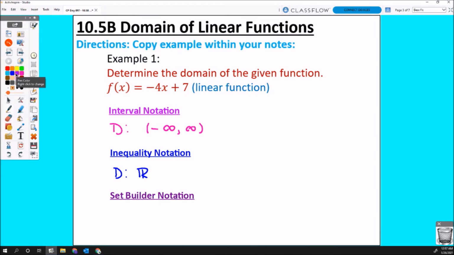So when we're working with domain, we use the symbol x for the x values, then a vertical line stating that x is all real numbers. That's the only thing I could write, and then I'll just close it up with these brackets.